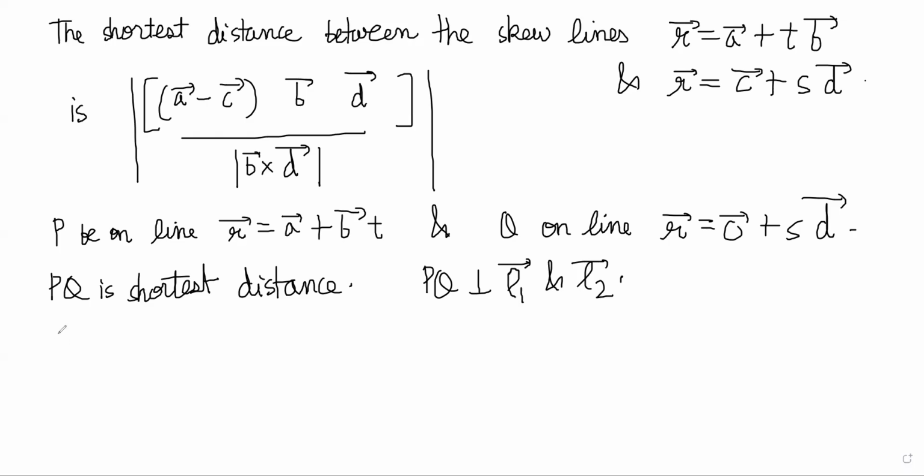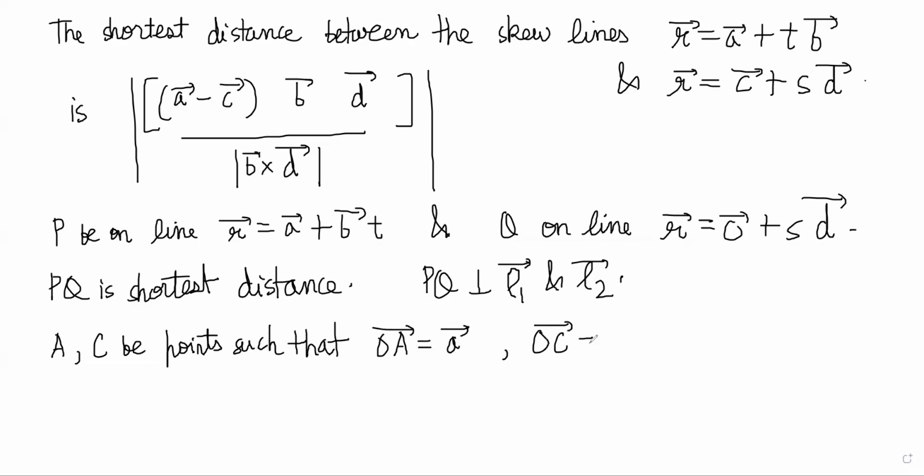Let's say A and C be points such that OA vector is the point A vector and OC vector is the point C vector. So we know that A lies on the first line and C lies on the second line, right?